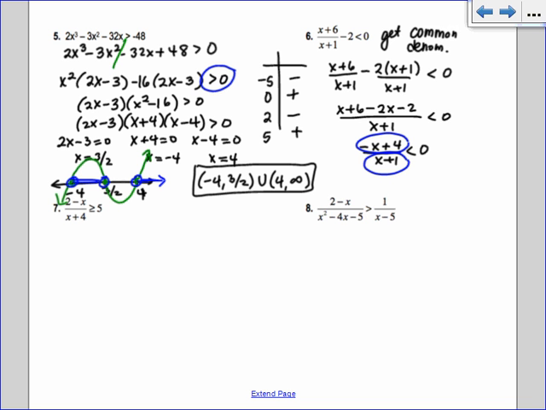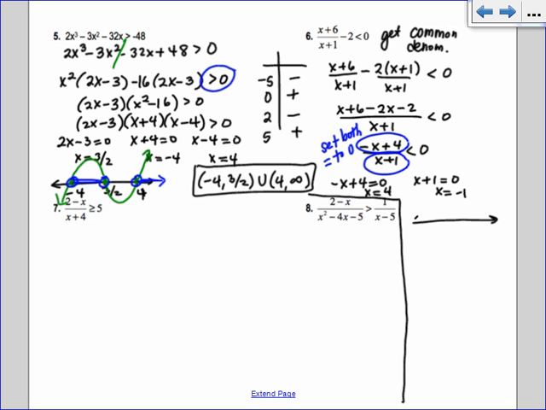See why that -1 is important? It's the changing point on whether your denominator is positive or negative. So we want to set both equal to 0. I have -x + 4 = 0 and x + 1 = 0 as well. So I get x = 4 and x = -1.